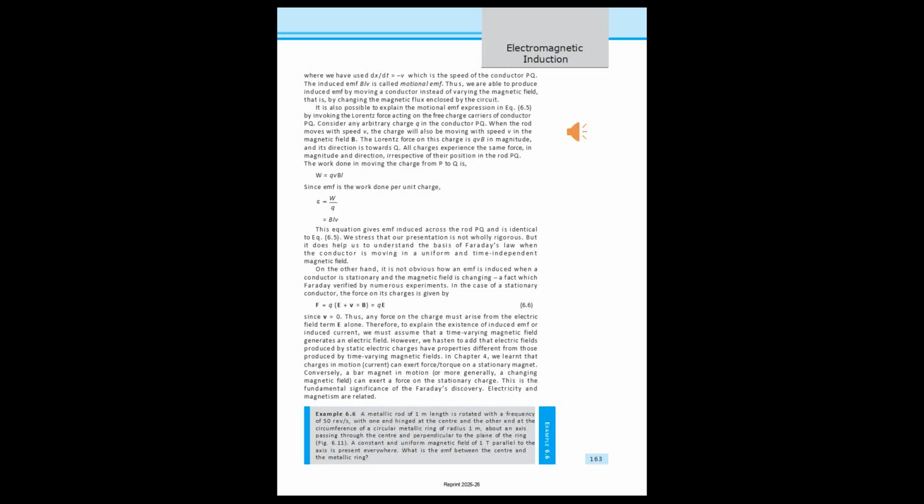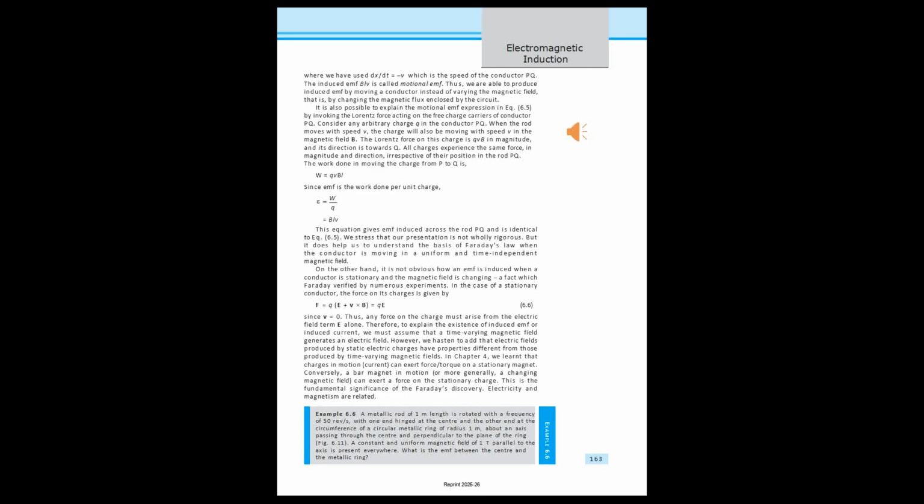We stress that our presentation is not wholly rigorous, but it does help us to understand the basis of Faraday's law when the conductor is moving in a uniform and time-independent magnetic field. On the other hand, it is not obvious how an EMF is induced when a conductor is stationary and the magnetic field is changing, a fact which Faraday verified by numerous experiments. In the case of a stationary conductor, the force on its charges is given by F equals Q(E plus V cross B) equals QE.